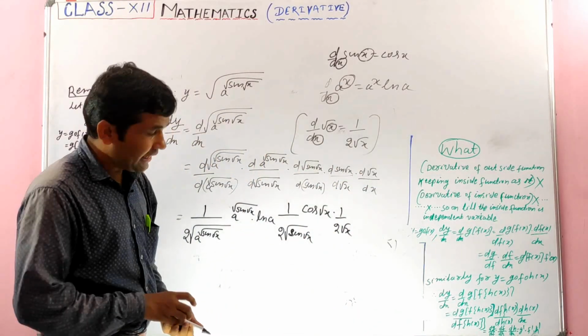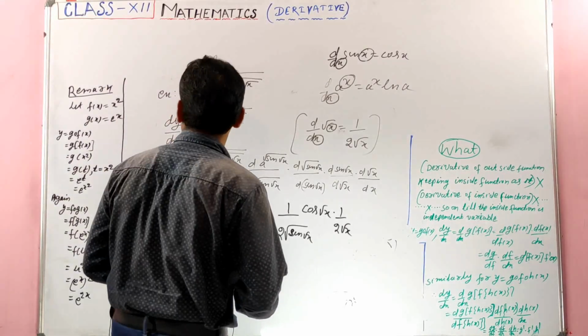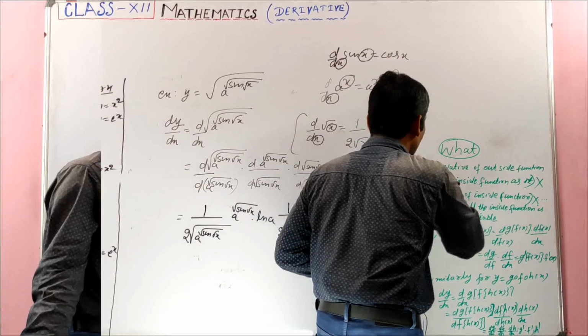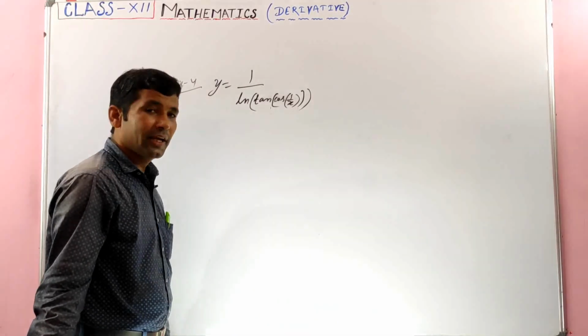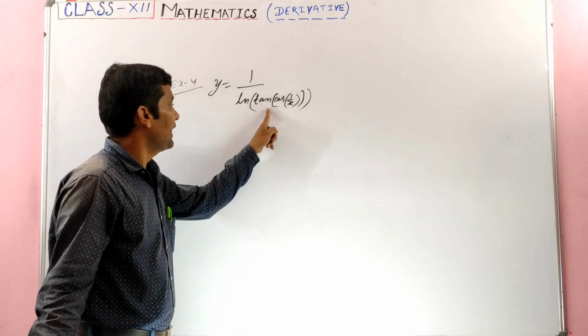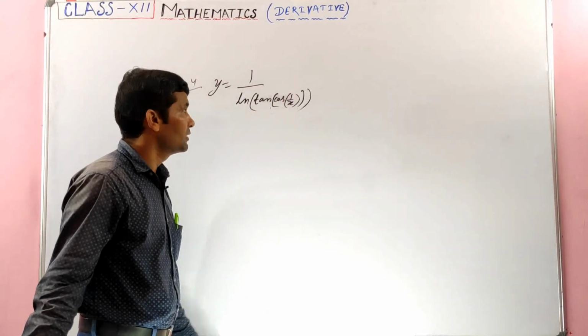Now take another complicated example so that you will understand more clearly. Y equal to 1 by ln 10 cos 1 by x.